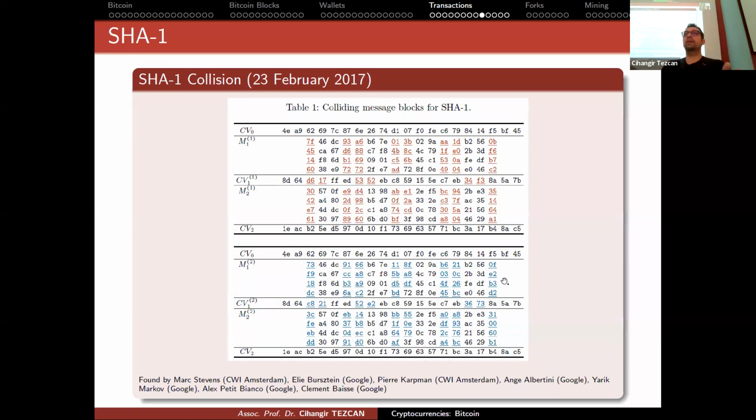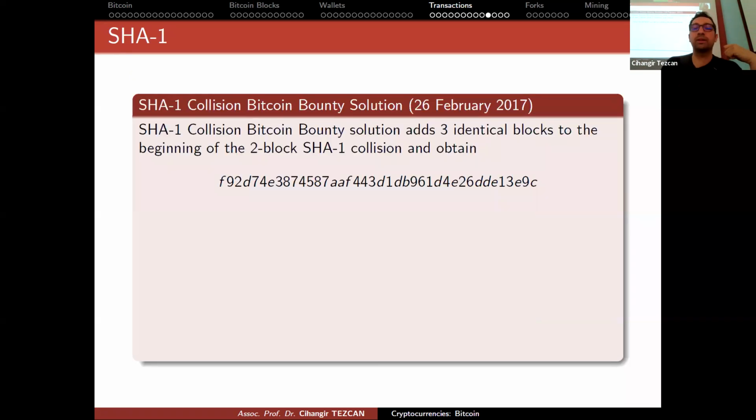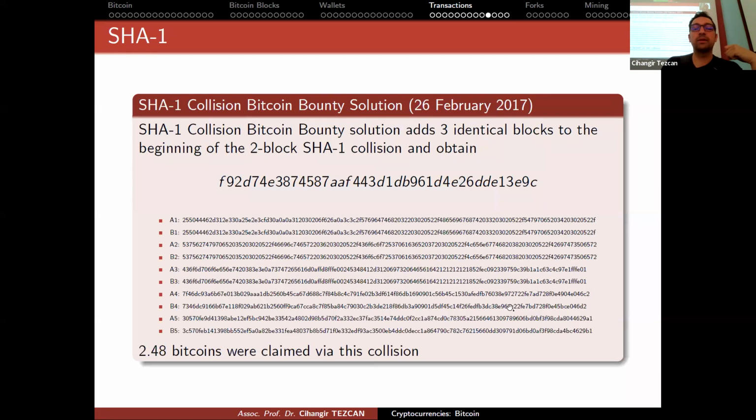So once people announced this collision, somebody tried to find a prefix for it, solved the problem, and earned 2.48 Bitcoins by solving this collision. If you transfer anything to this address, you can use this collision again and withdraw it too, but the person who is fastest will withdraw it.